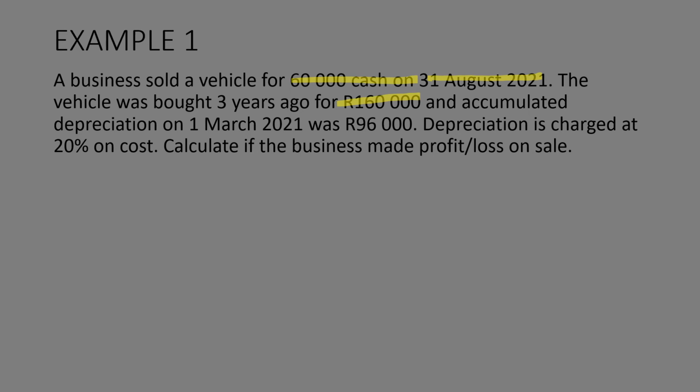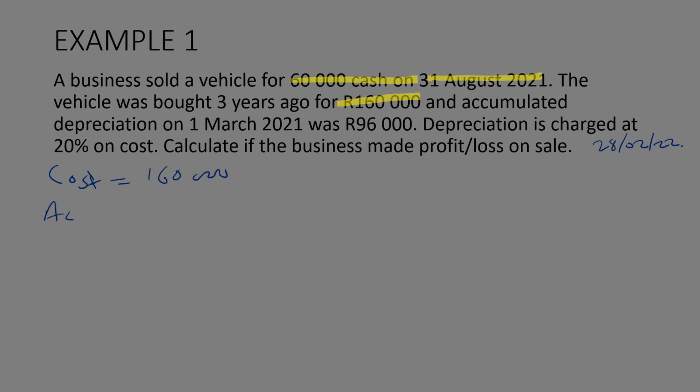There's one part that is missing here that I'll just say now, right? The financial year for this business ends on 28 February 2022. That's the financial year end, right? So you have a vehicle. The cost price of the vehicle is 160,000, right?